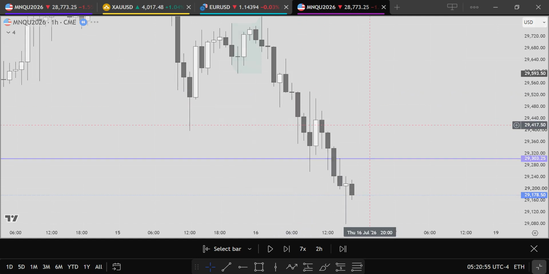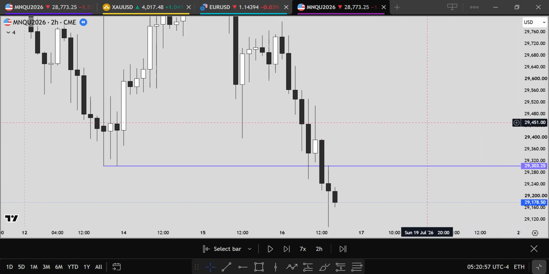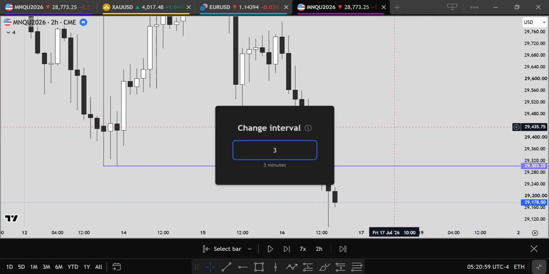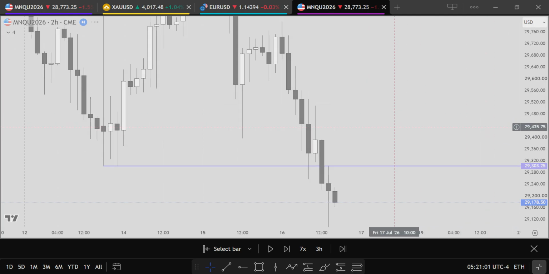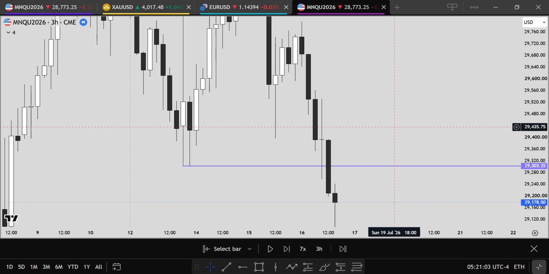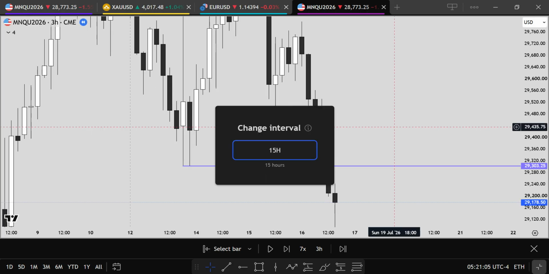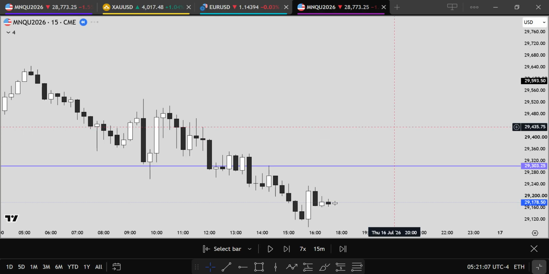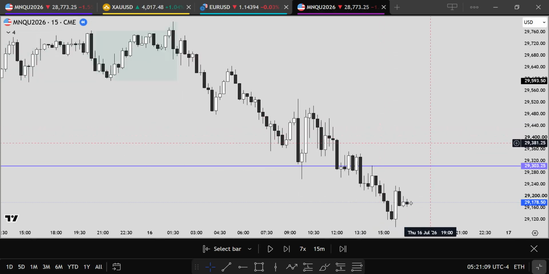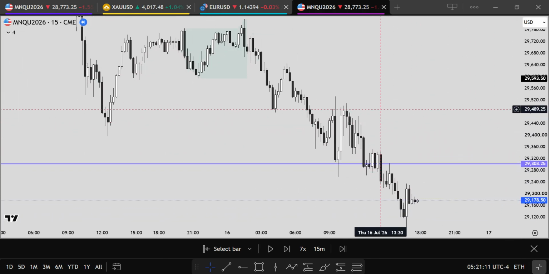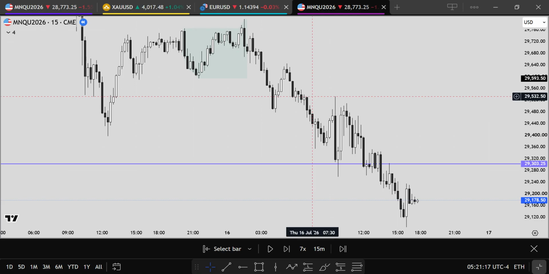I think we will get the range where we have clear information. Okay, this is the 9:30 a.m. candle. It went up, sweep this candle high, right?